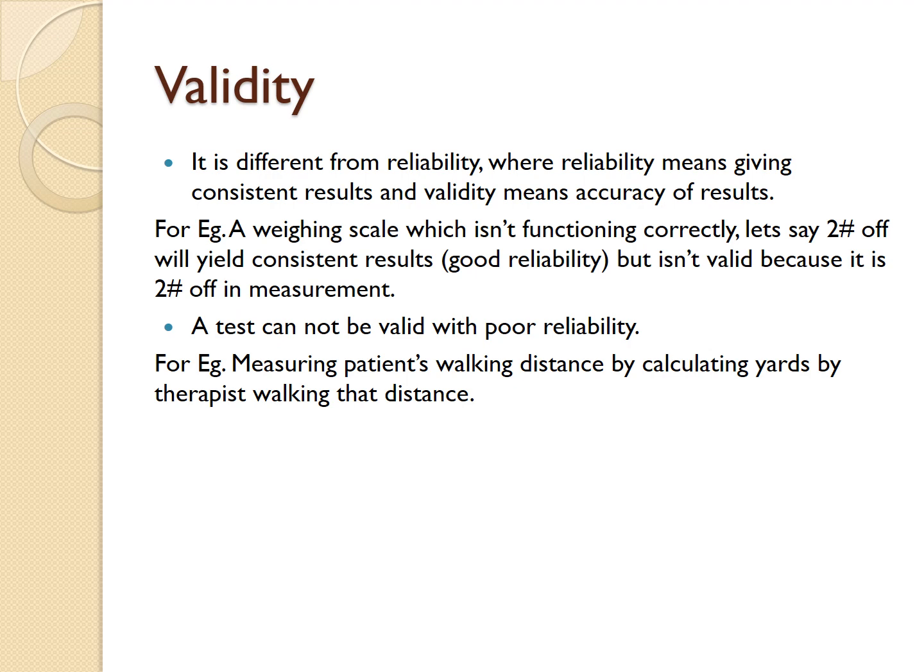So let's think about it again. You have a yardstick. It is about 1 meter, so it is a fixed, consistent distance. That means good reliability, but the results might vary depending on how and where we place the stick.